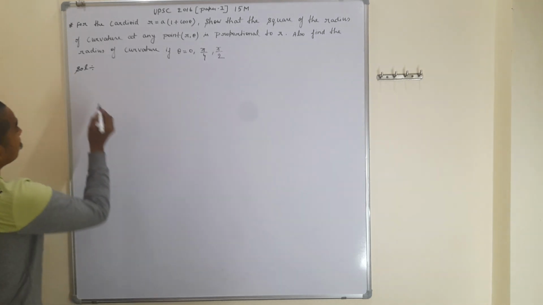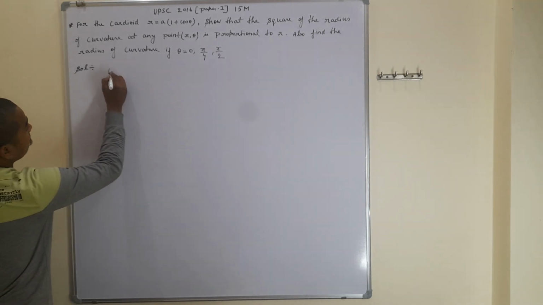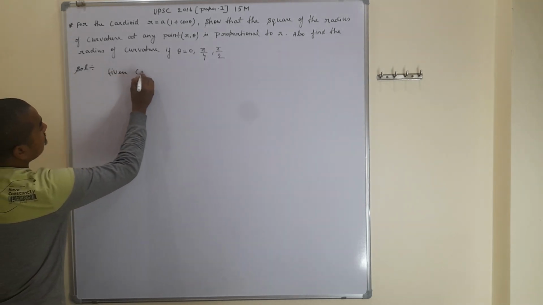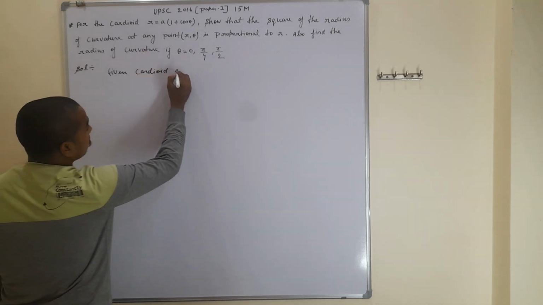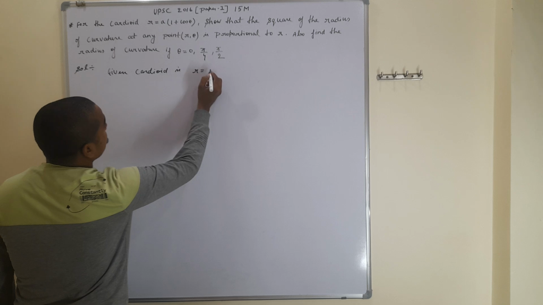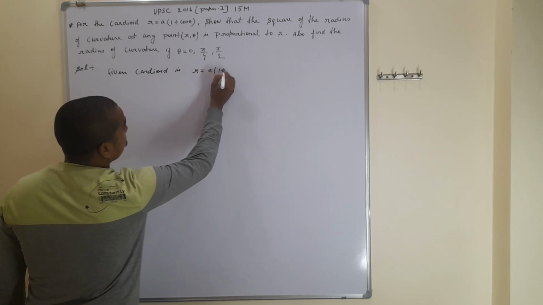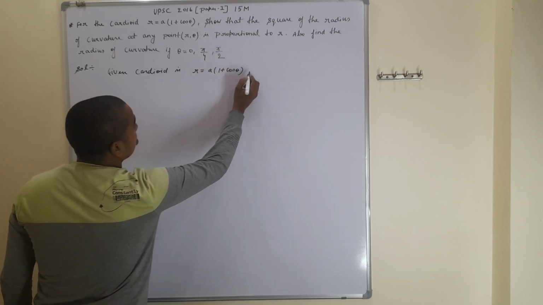Let's solve the problem. Given cardioid is r is equal to a(1 plus cos theta). This is equation 1.